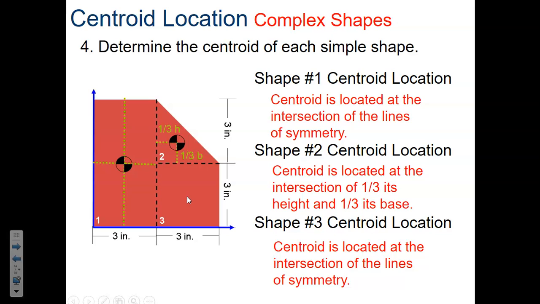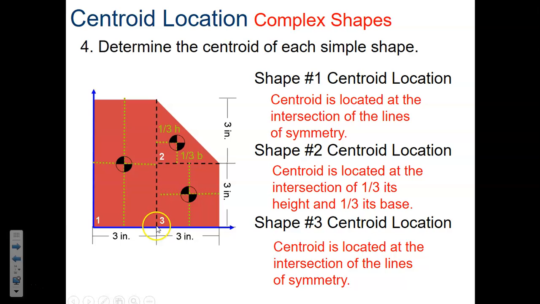The square. My centroid is going to be located in the middle of the square. I've got my lines of symmetry here, so it's just half of the way over and half the way up of that shape. So this is 3.5 inches. So we're half of that over. So we're 1.5 inches over from this shape, and this shape is 3 inches.